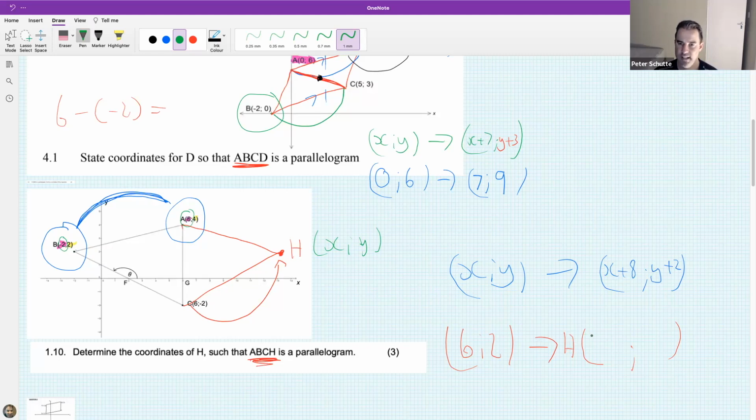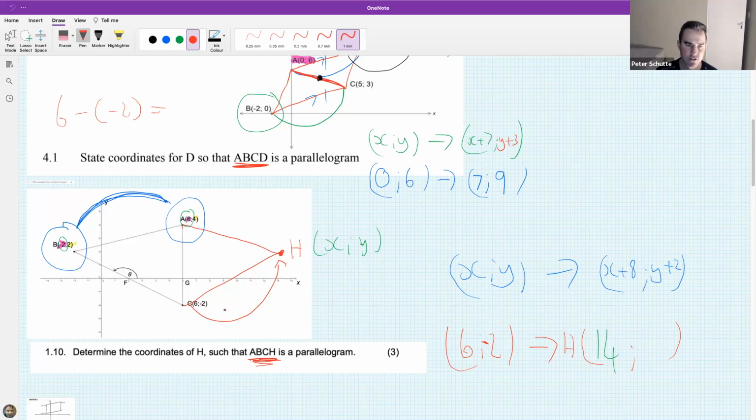Okay, so we'll get 6 plus 8, we'll get 14, and then what have we got? Oh, sorry, it's not 2, it's -2. Sorry, guys. If you look at the question, it's 6, -2, not 6, 2. So I'm at -2, and then I add 2.